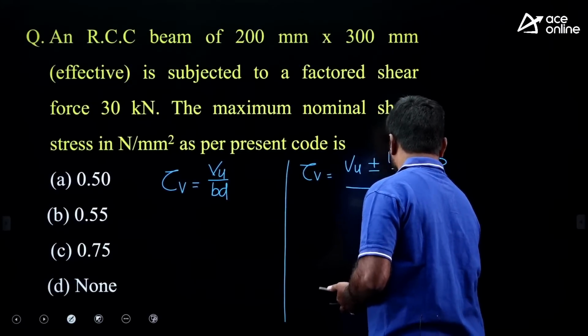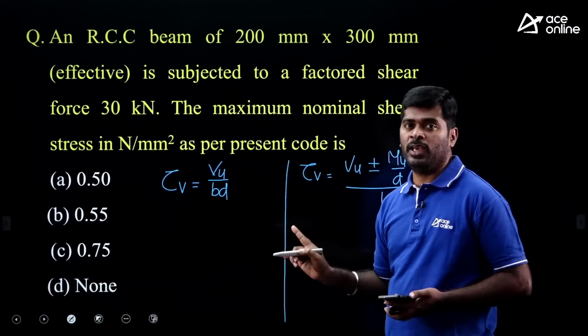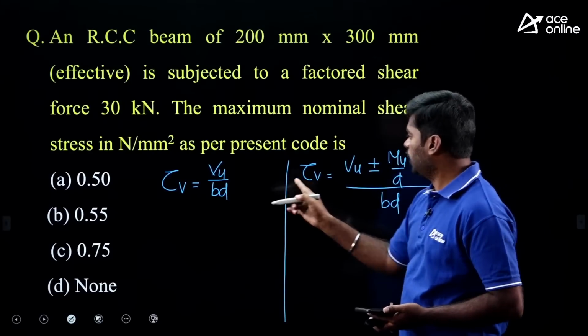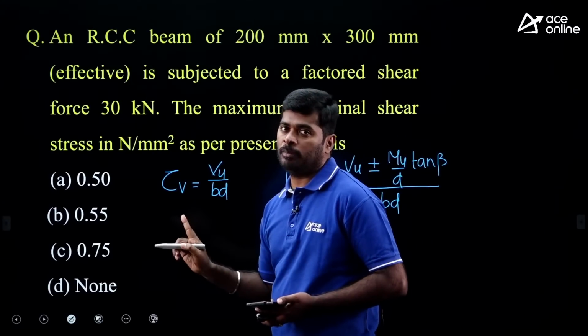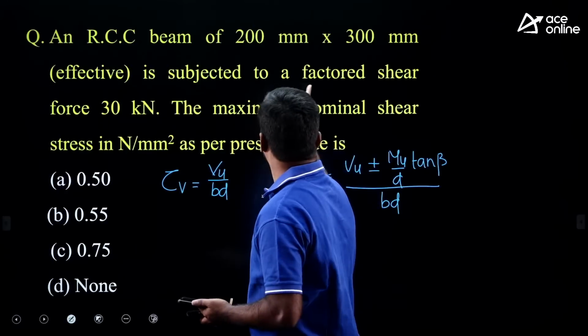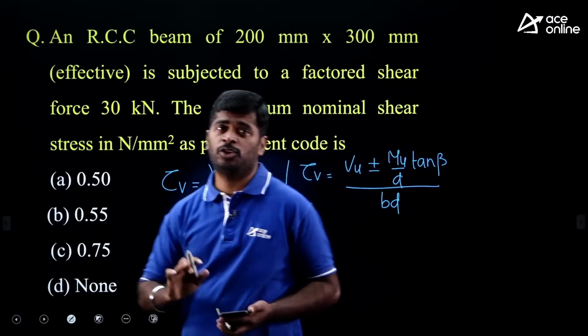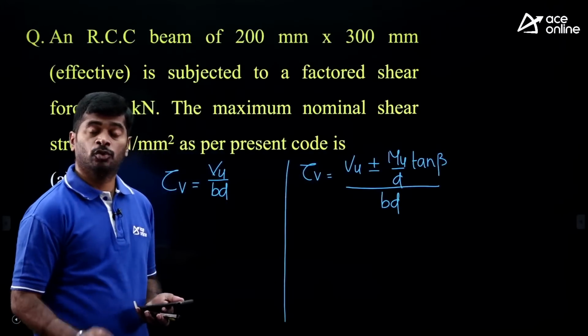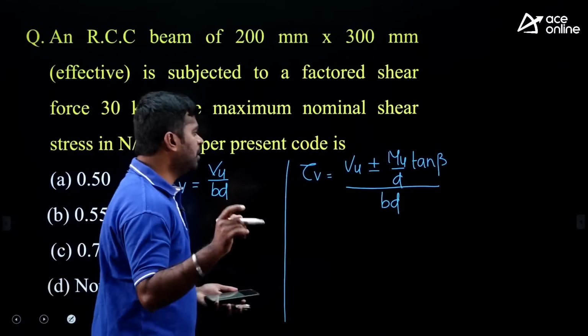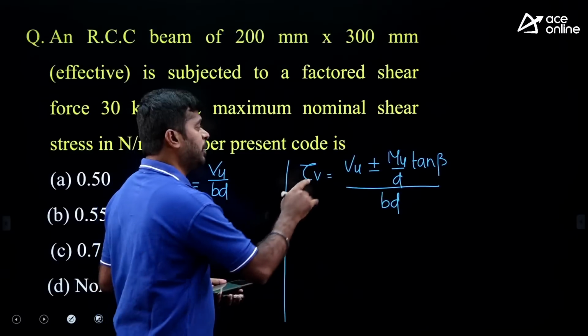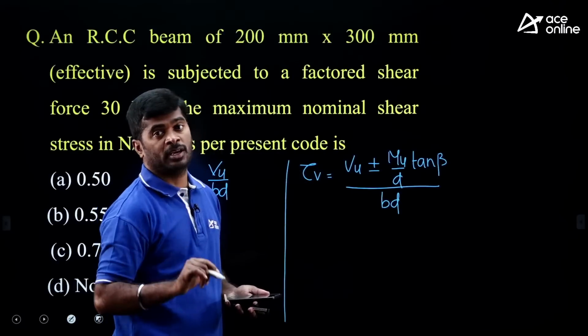This formula is used for uniformly varying depth of beams, and this formula is used for uniform depth of beams. Now they have given simply depth, so you have to consider it is uniform depth of beam. Maybe in exam you may expect this formula, not a numerical question.